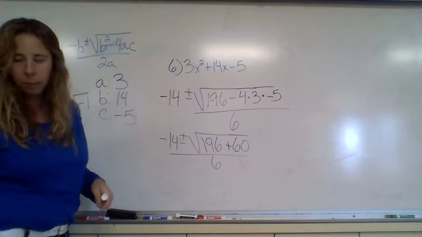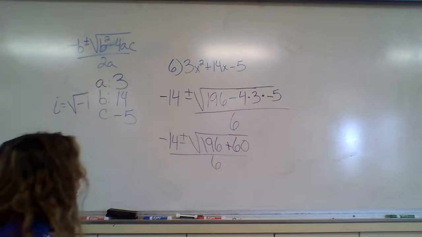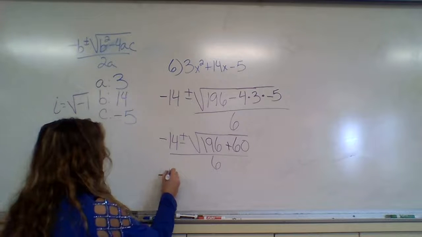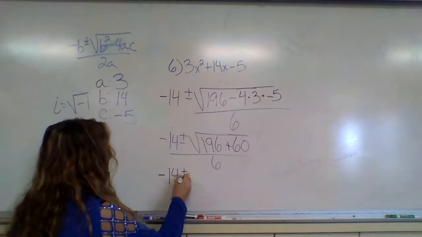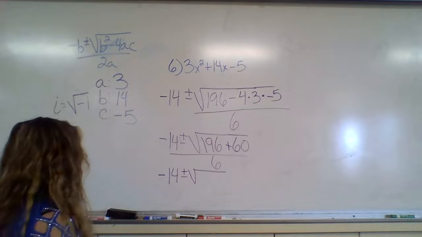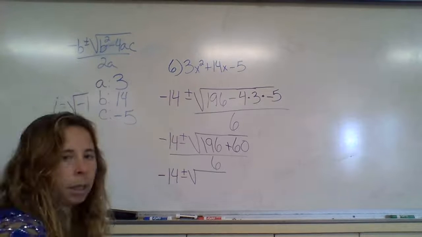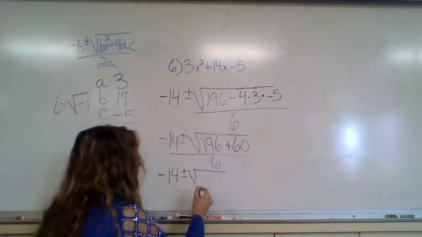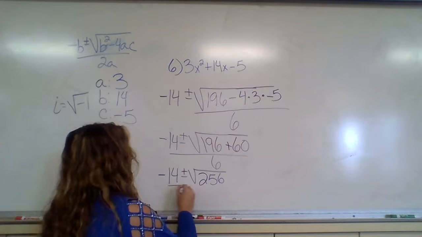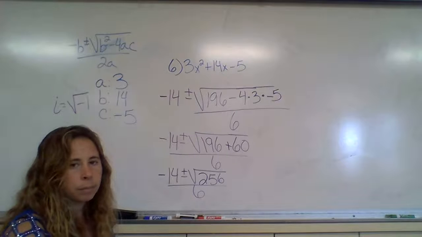-14 plus or minus. So then just add those together. 196 plus 60 equals 256, all over 6.